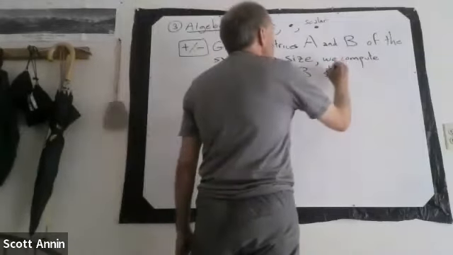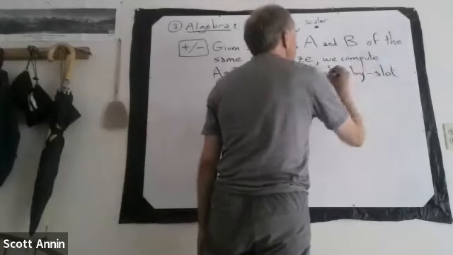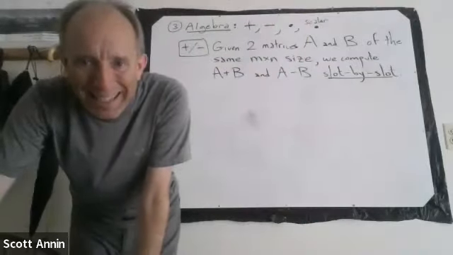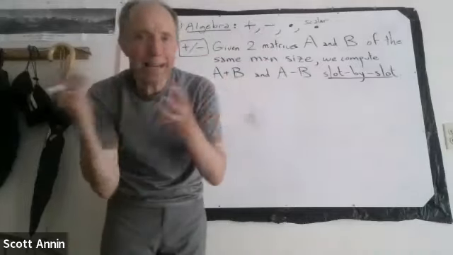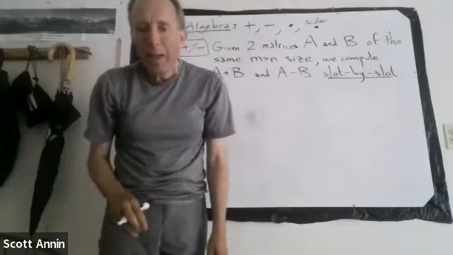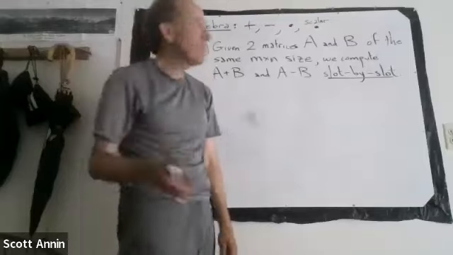And the most important thing about this is that we carry this out slot by slot. It's totally common sense. We just line up the different entries of the matrix and we add and subtract them in the corresponding slots, okay? It's pretty much the natural thing that you would normally want to do, right?